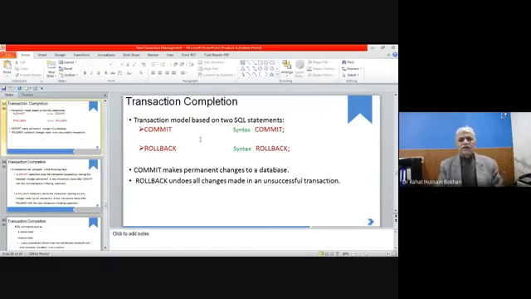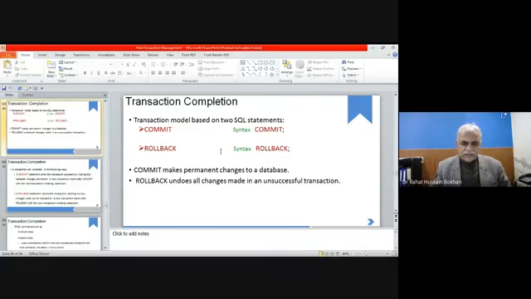Regarding transaction completion, there are two SQL statements: one is commit and the other is rollback. The syntax is this is commit and this is rollback. Commit means the changes that have been carried out by the execution of that transaction should be finalized and made within the database, so they are now permanent.